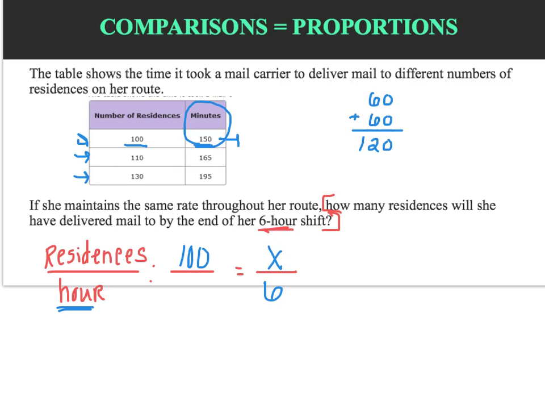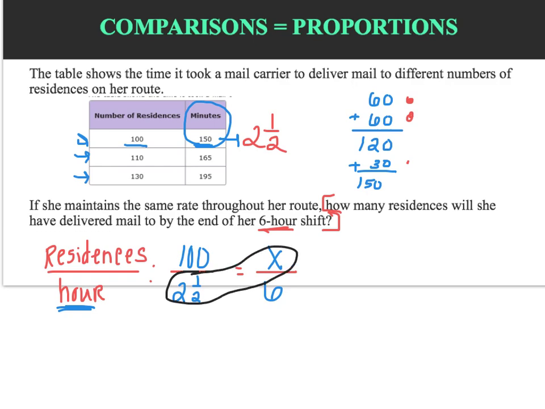I have 150. So 120 plus 30 gives me 150. So this is 1 hour, 2 hours, and then half an hour. So 150 minutes is equivalent to 2.5 hours.